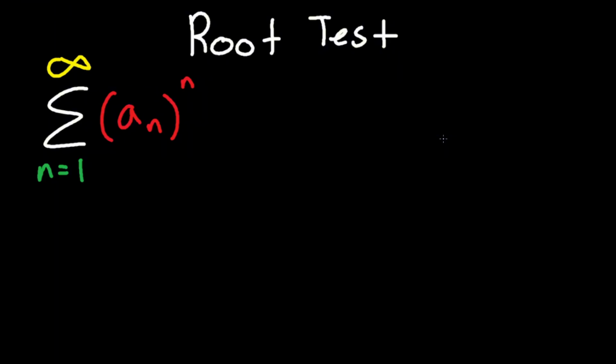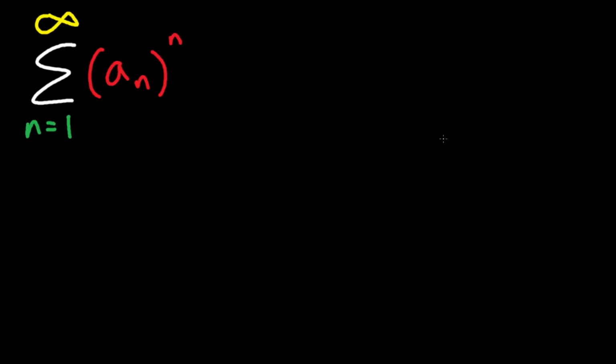So why is this important? Why does everything have to be to the power of n? Well, the reason is because the root test takes a limit. This limit is determined by the limit as n approaches infinity of the nth root of a of n.